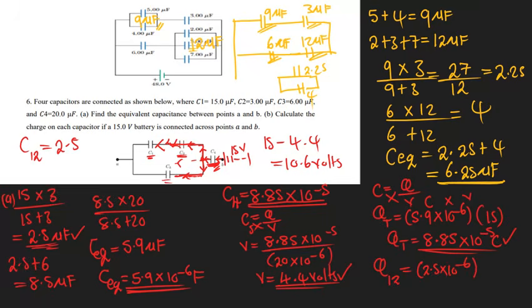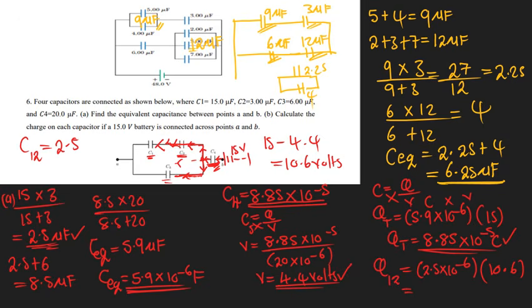So you can just go directly, multiplied by what is the voltage reaching? It is 10.6. So 2.5 multiplied by 10 to the power negative 6 multiplied by 10.6.